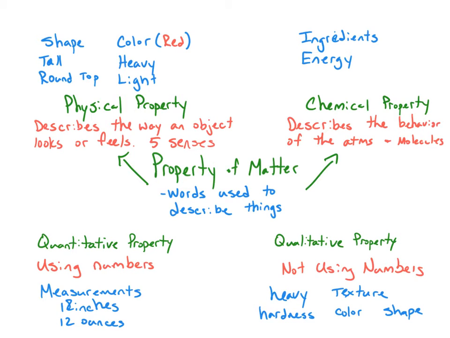So we use these four terms in combination to describe objects that we see in chemistry. You can have quantitative physical properties, qualitative physical properties, quantitative chemical properties, or qualitative chemical properties. So it's not pick one of the four, but pick one of the top two and one of the bottom two.